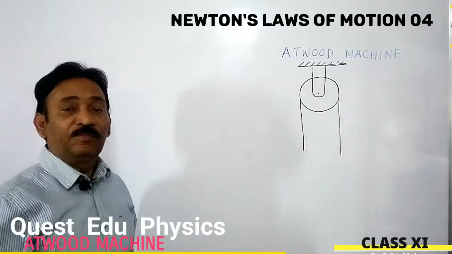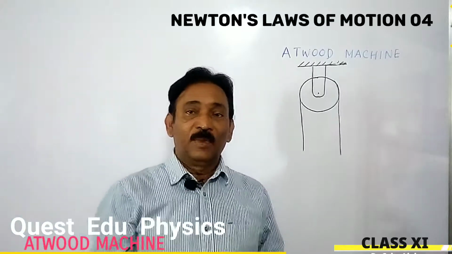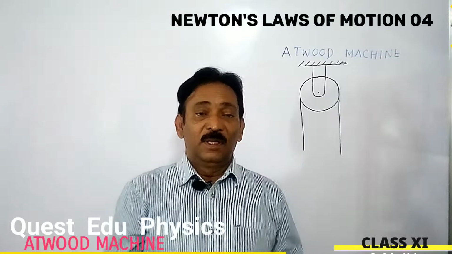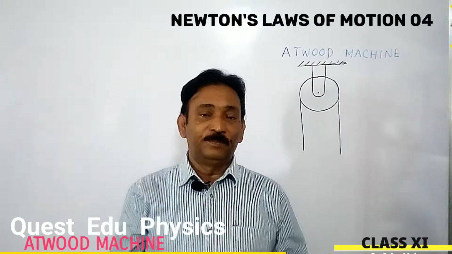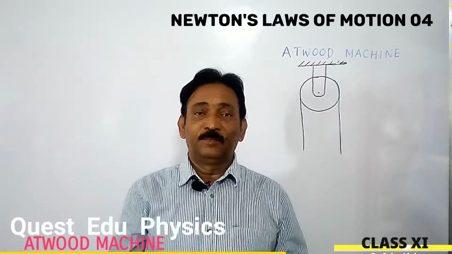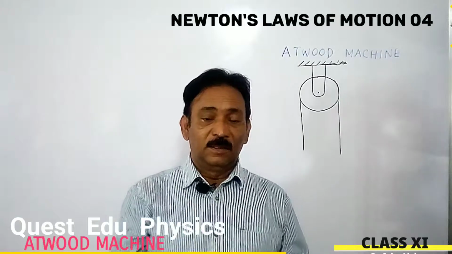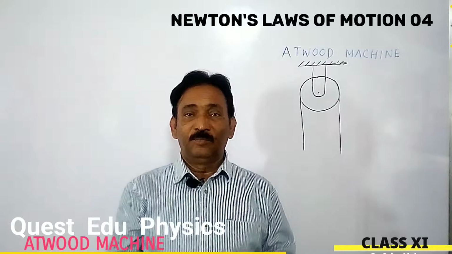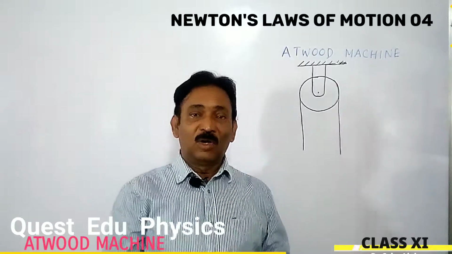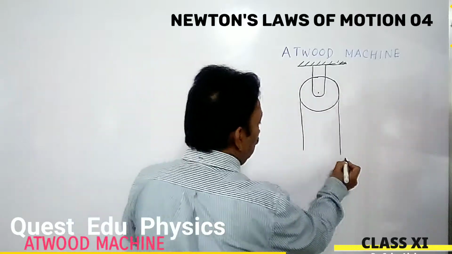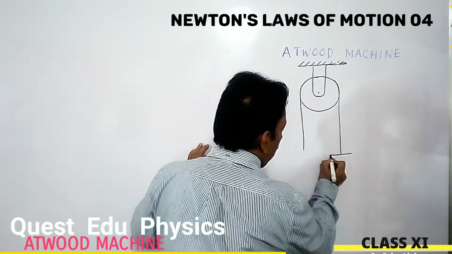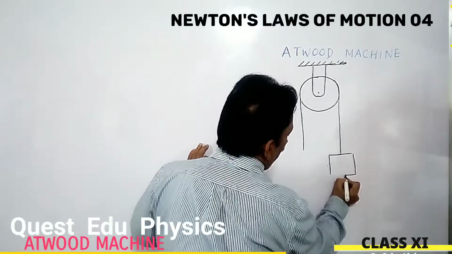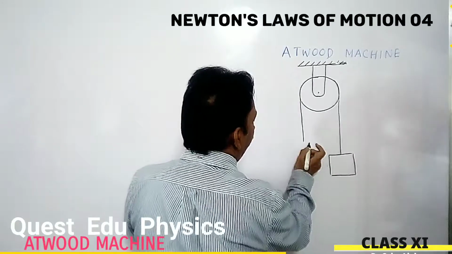Okay, students. Here you must remember that the string is inextensible, meaning it doesn't extend by the application of force. It is also massless, and it must be torsionless, and we are suspending blocks from the two ends.